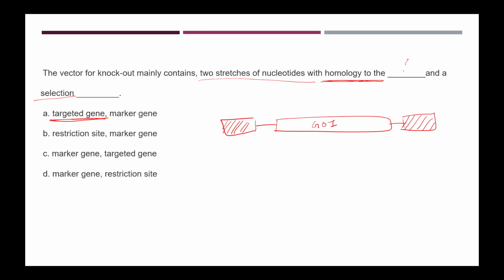But some people also use homology arms which are inside the gene of interest. So they provide a plasmid with the homology arm which is in the targeted gene, and then for the selection they have a selectable marker, right?